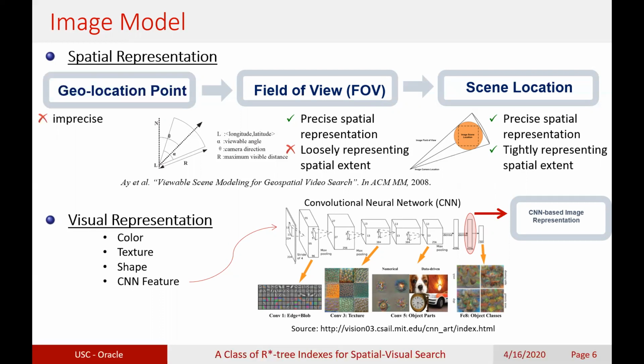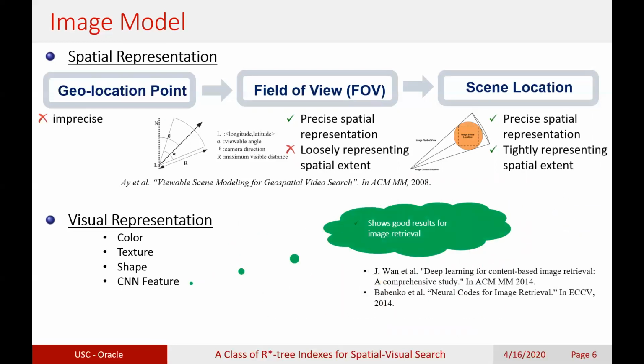Other studies also showed that CNN can be used to extract rich feature vectors for image retrieval. In our work, we use CNN features as visual representation and scene location as spatial representation.